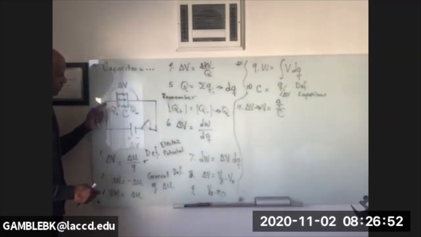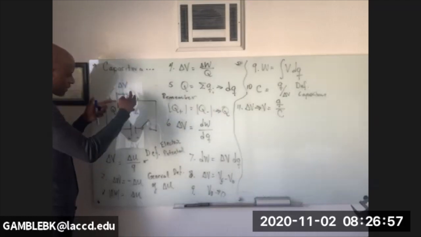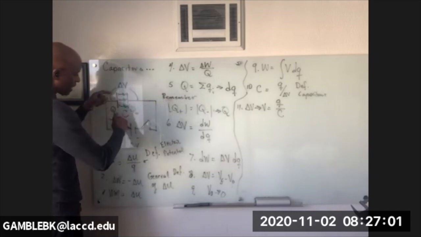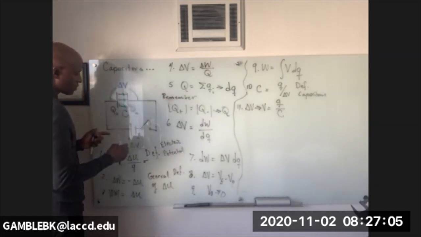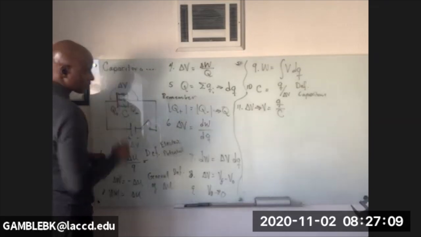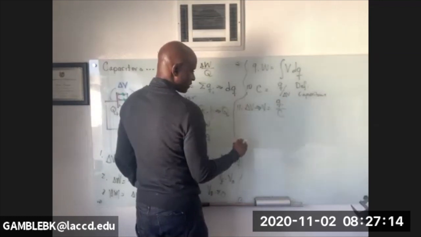The C is constant. This is during the time when it's adding up. We've been assuming that the thing was fully charged, but this is during the time period when it's actually charging up, going from 0 charge to maximum charge Q, and going from zero potential to maximum potential delta V. Okay, so that's when this mathematics is taking place.